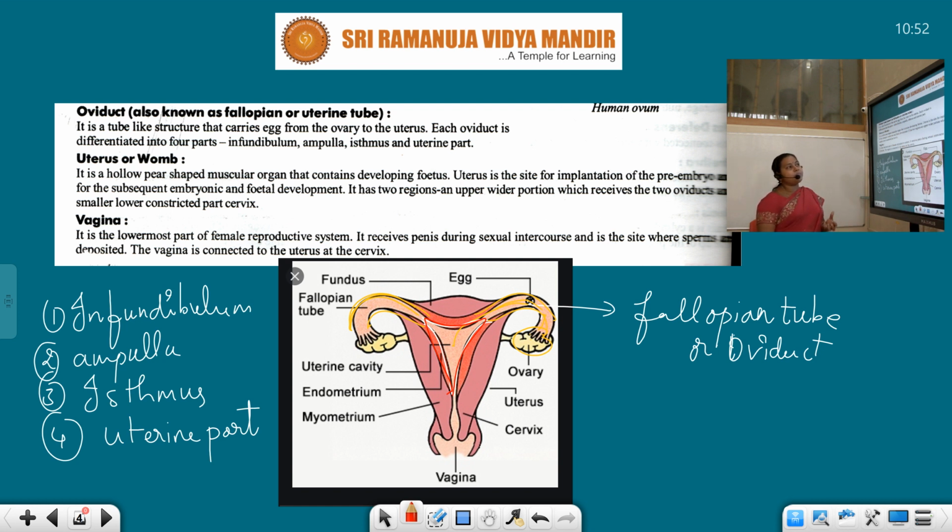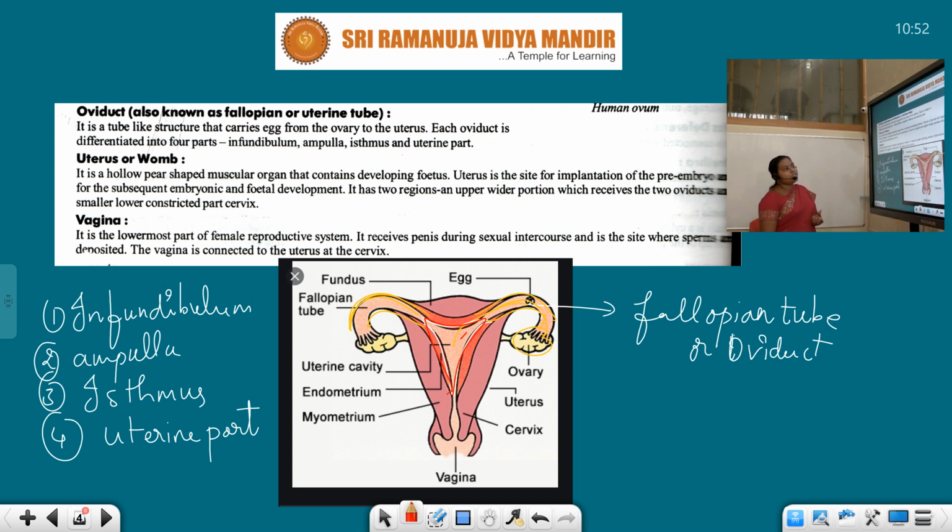Uterus is the site for implantation of the pre-embryo and for the subsequent embryonic and fetal development. After fertilization, the zygote develops into a new embryo, which is going to be implanted or settled in the uterus, and in the uterus itself this embryo develops and becomes the fetus.